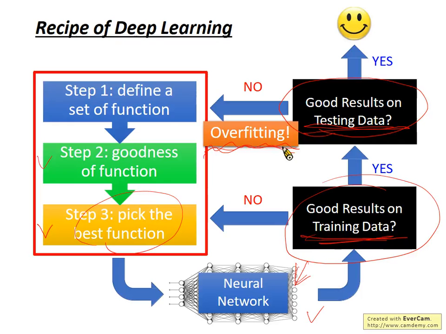However, it cannot adapt to testing data, where the testing data may have slightly different distribution features, or there is more variation in the testing data. So if we achieve good training accuracy but bad testing accuracy, that is called overfitting. Then we still have to do a parameter change.